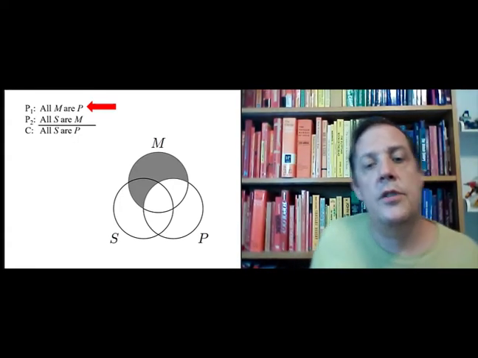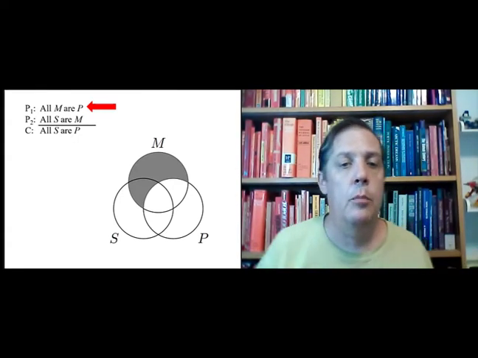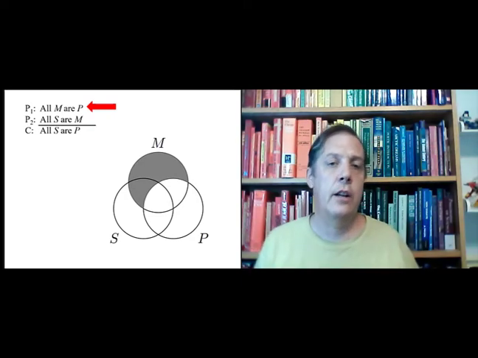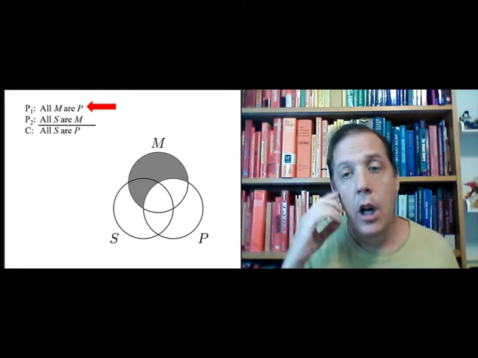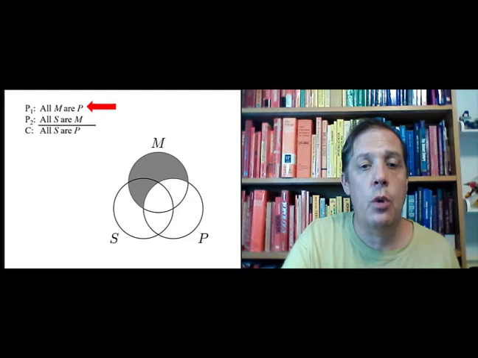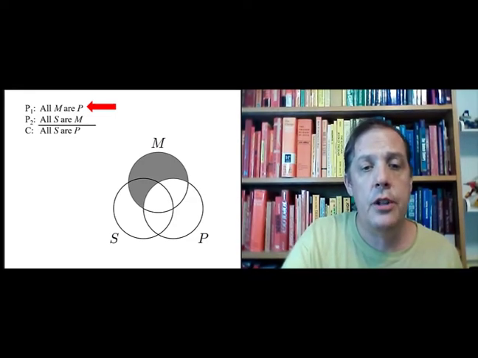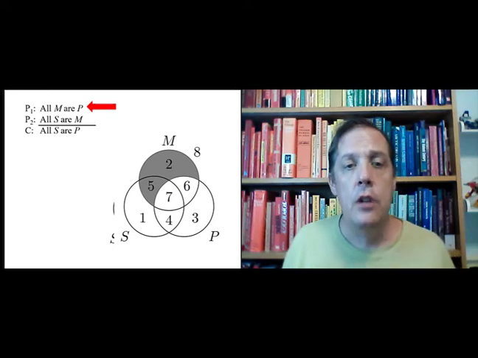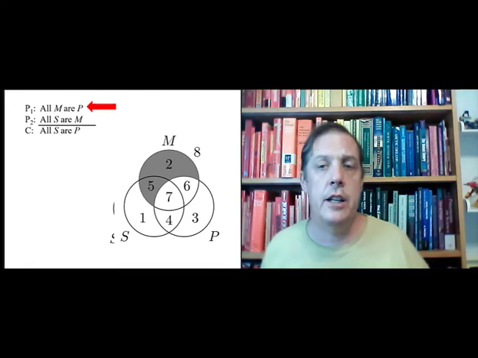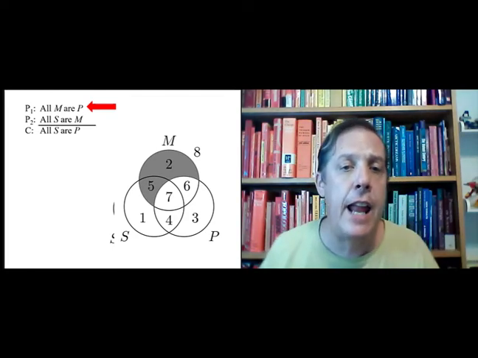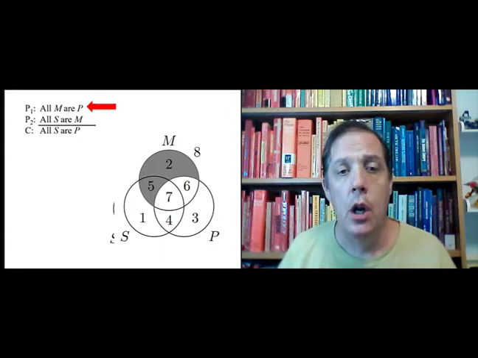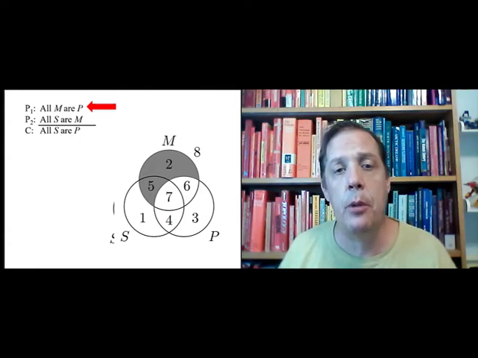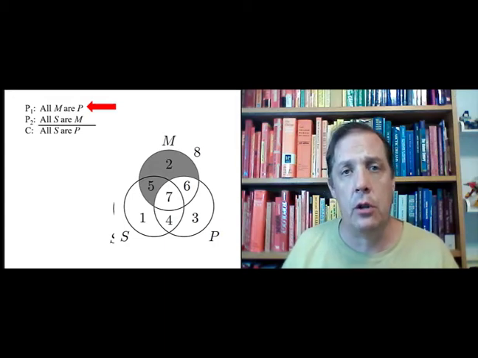And what you see is that the S circle actually now cuts across the area that we shaded in M. So if you look at the way the numbering works on the three-circle diagram, you see that we've actually shaded in 2 separate regions. We've shaded in both area 5 and area 2. And this is a common mistake people make when doing Venn diagrams for three circles.